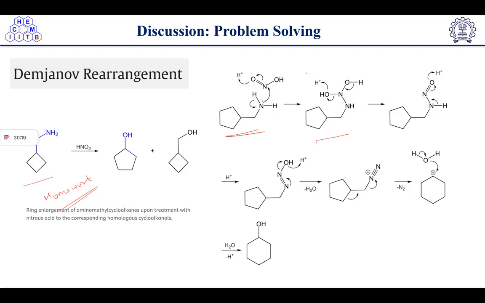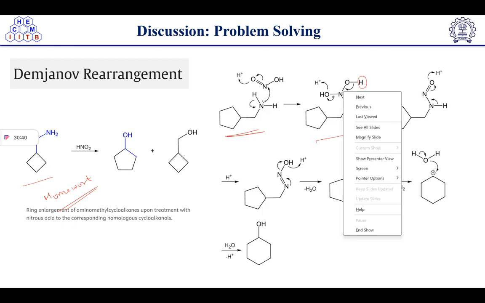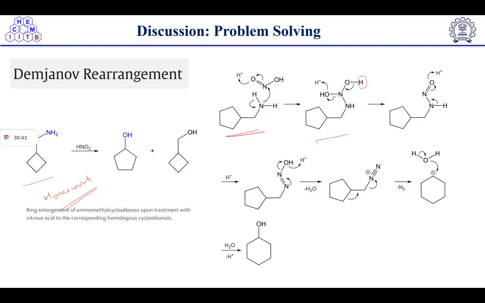So the proton is taken by this oxygen atom to give the corresponding intermediate. Now this proton will get abstracted because balance should be there in all the reactions. If protonation happens, deprotonation will also take place. Okay, so this bond will push here and it will knock out H2O by proton transfer. We can say also proton transfer.